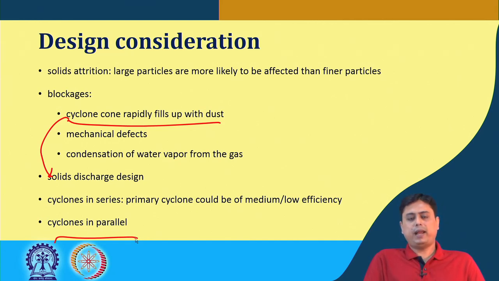So, these are some practical considerations that are typically done or should be done, and that brings an end to this cyclone topic. If you remember, in the first class we mentioned that this centrifugal field can be introduced in two ways: either by introducing high velocity fluid tangentially into the cylindrical section, creating a stable vortex, or the equipment itself is rotating.